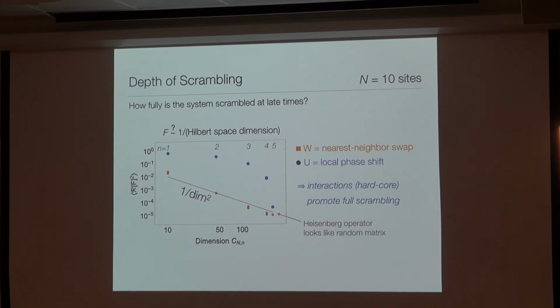But only in the case where this model is half filled with spin excitations. So there's an indication that this is a system where interactions actually play a role in promoting scrambling, and some interesting many-body physics here.